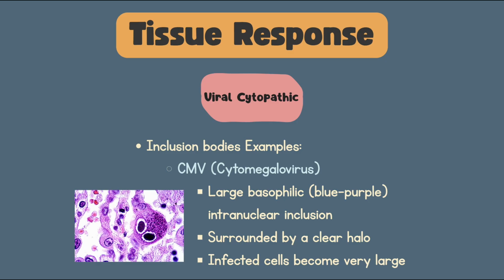Features include a large basophilic, so appears blue or purple, intranuclear inclusion, surrounded by a clear halo. And the infected cells become very large, hence the name cytomegalovirus.